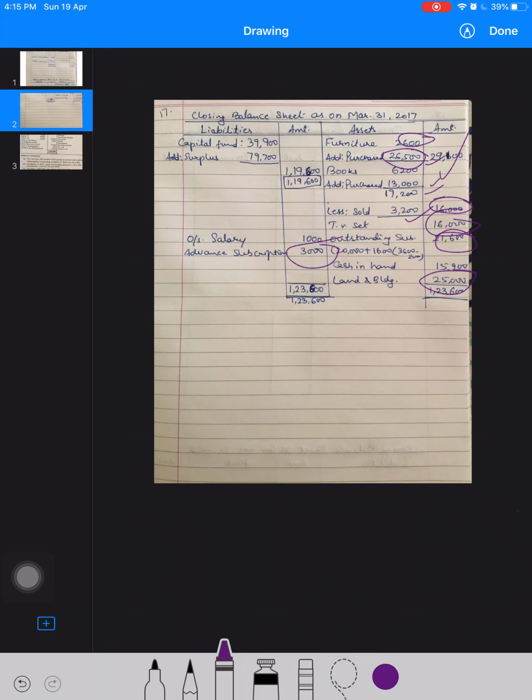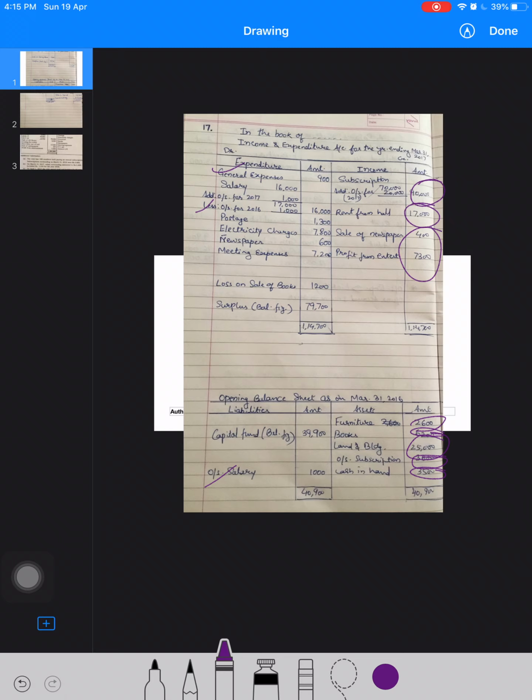Now anything we have left out, like salary, outstanding salary for this year. 2017 will go in the 2017 balance sheet, 2016 will go in the 2016 balance sheet as our liability. I think all are over, so just add it, and your surplus is coming to 79,700.